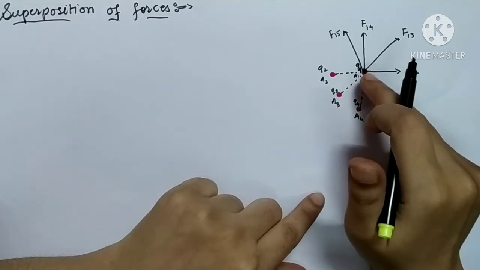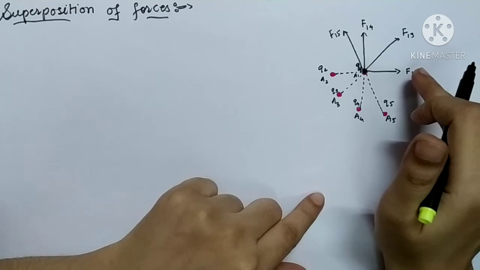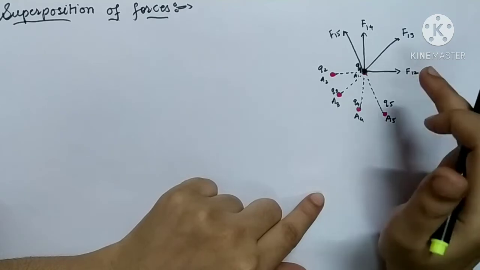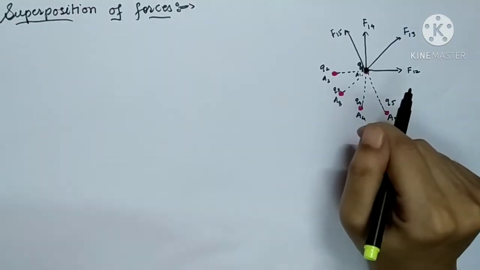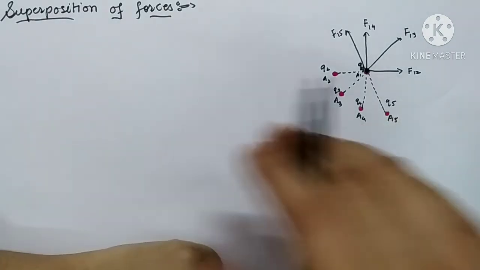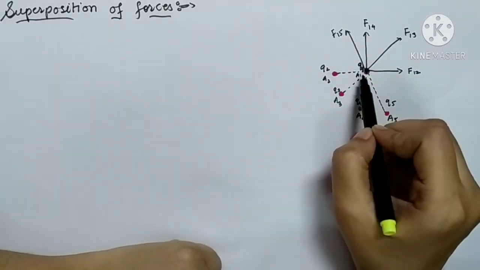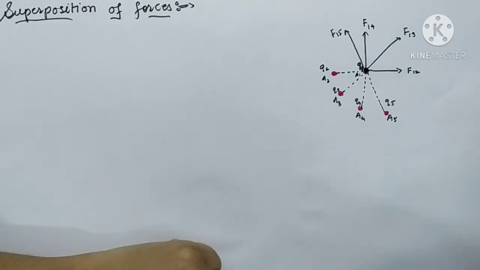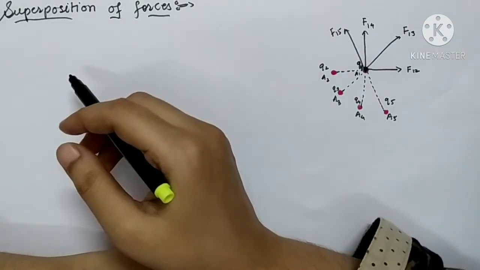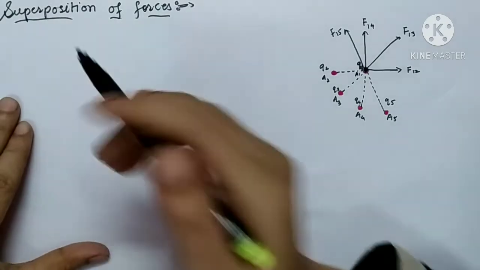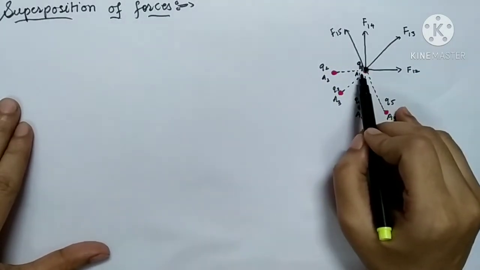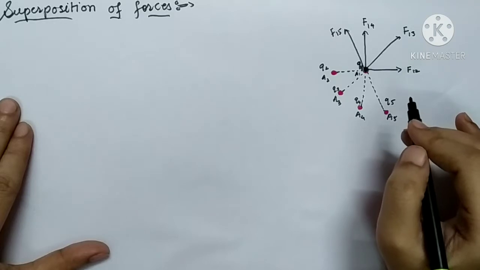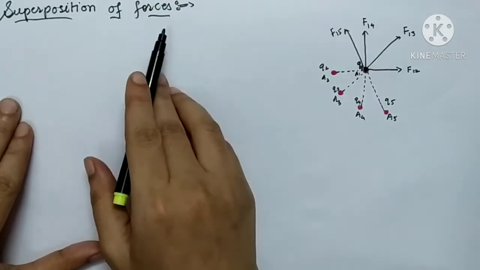The force acting on the charge Q1 will be the sum of the forces exerted by the remaining charges. It is nothing but the resultant of the forces acting on the charge Q1. So if a number of charges are present in the system, then the resultant force acting on any charge is equal to the sum of the individual forces exerted by the other charges. This is what superposition of forces is.